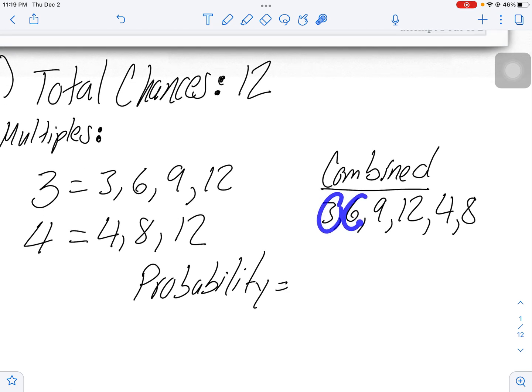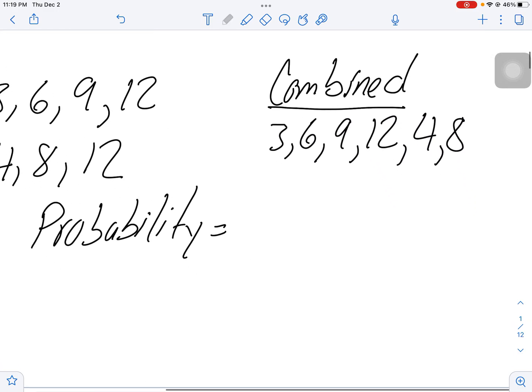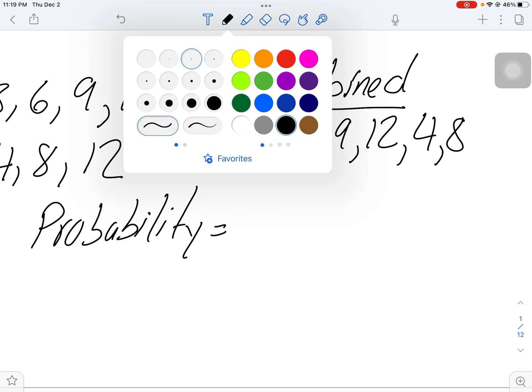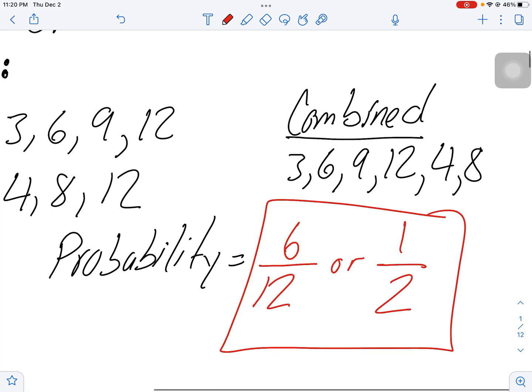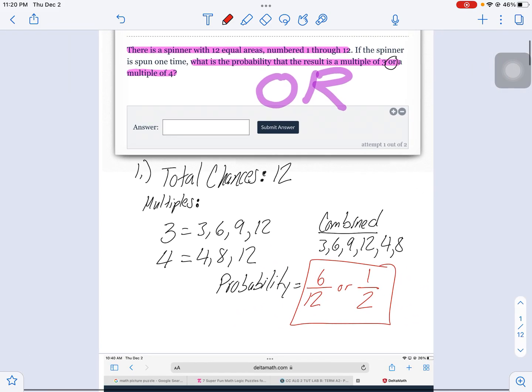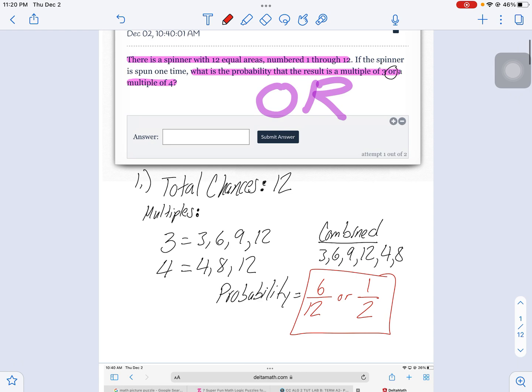We have 1, 2, 3, 4, 5, 6 out of 12. So our probability will be 6 out of 12. Or if I reduce by 6, I get 1 over 2. So either one of these two would be a solution for number 1, which is an or problem, right? So we combined all the multiples.